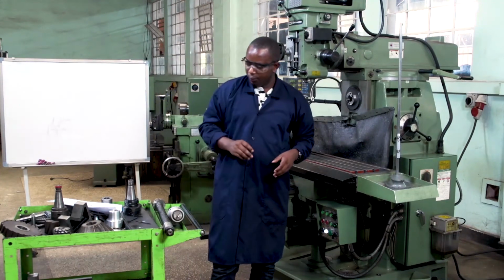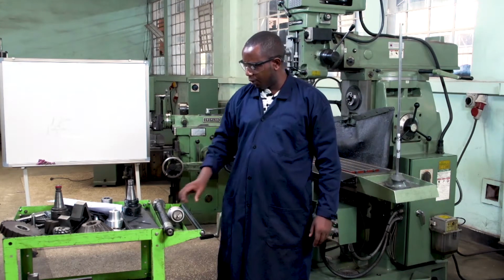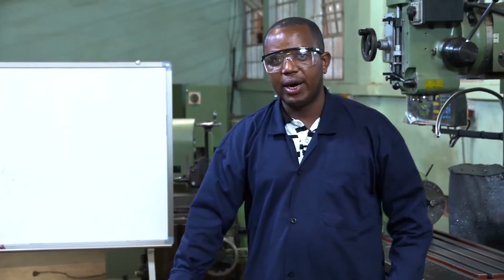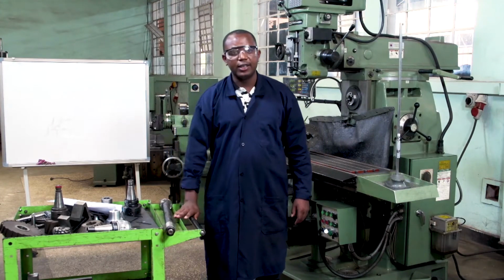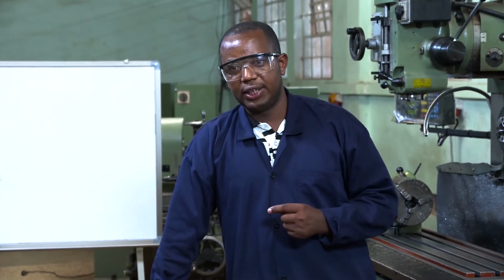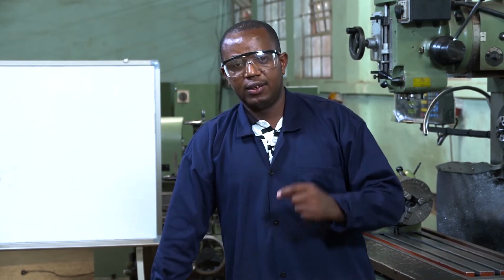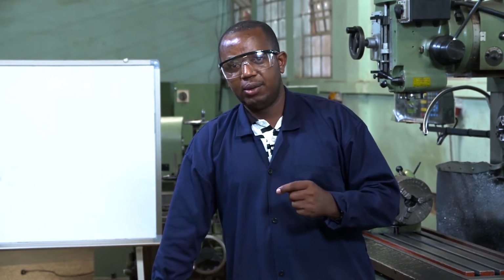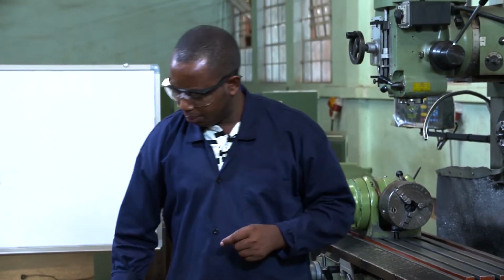Now, after the introduction of milling cutters, we have to talk about milling machine operations. The milling machine operations are broadly classified into four categories. The first one, plain milling operation. Second, face milling operation. Third, angular milling operation. Fourth, form milling operation.